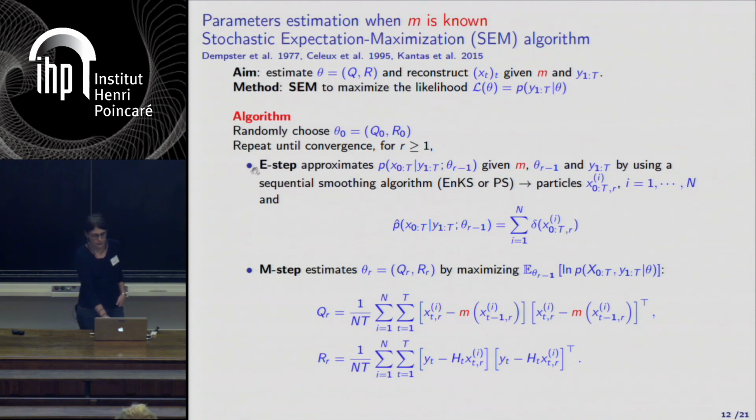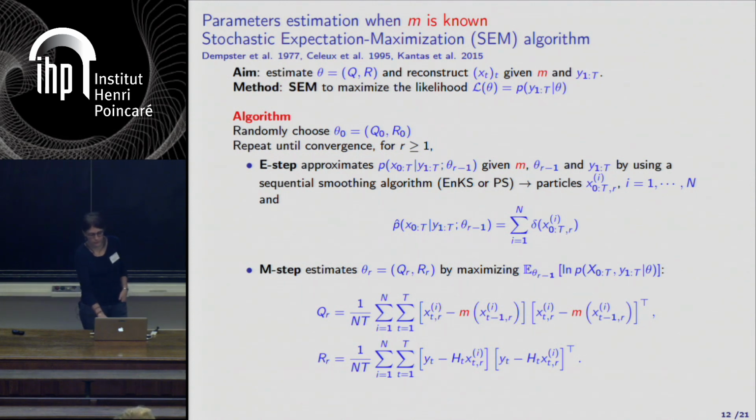It is composed of two steps. In the first step, usually called the E step, the idea is just to get an approximation of the smoothing distribution. So we just generate particles, which are time series of the states, given a smoothing algorithm.